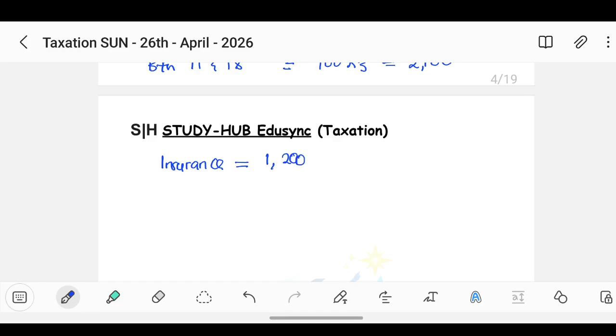So when we add them, the total allowance is going to be 7,800 shillings there.